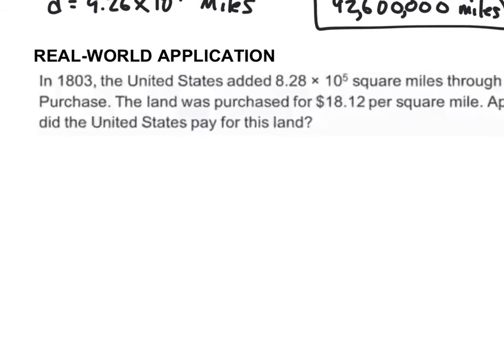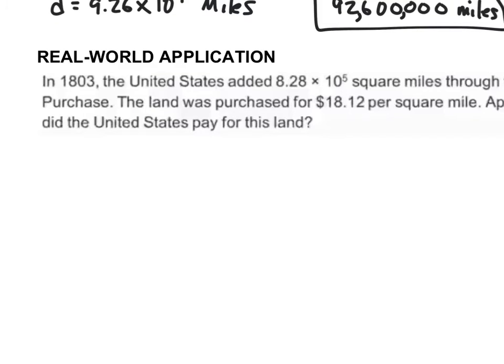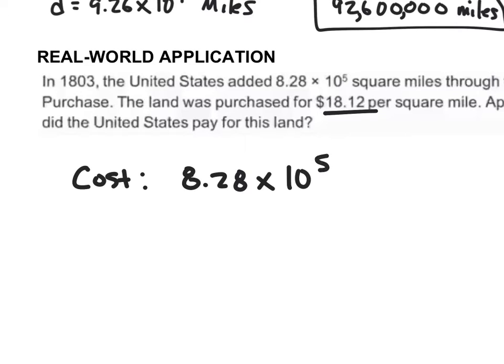All right, so, and I can put this number into scientific notation if I wanted to, but I don't necessarily need to. So let's do this. All right, so my cost for this is going to be 8.28 times 10 to the fifth power, and then I'm just going to multiply that number by 18.12.